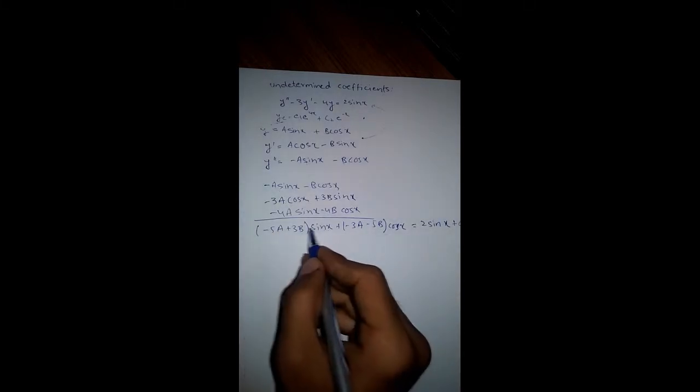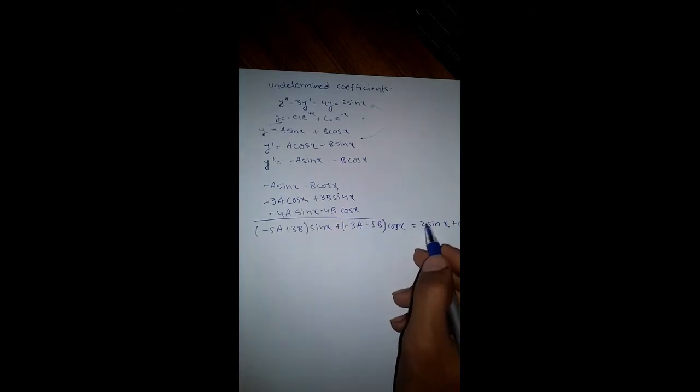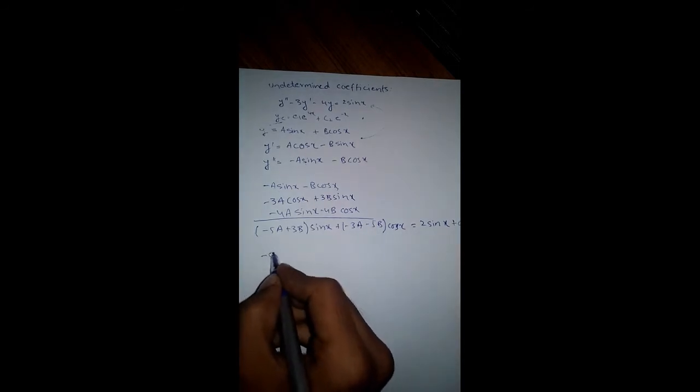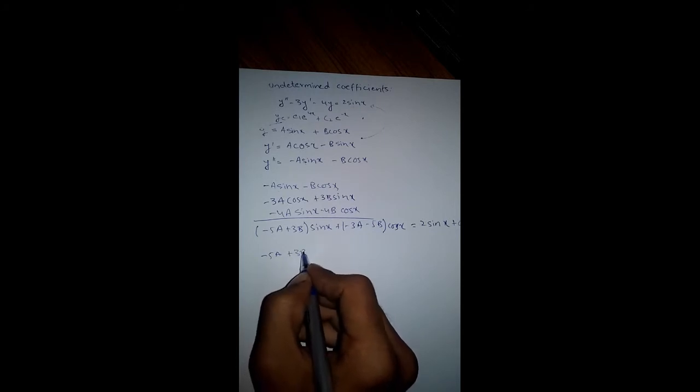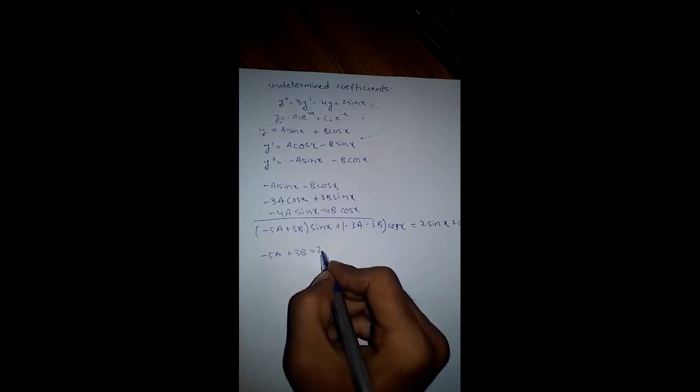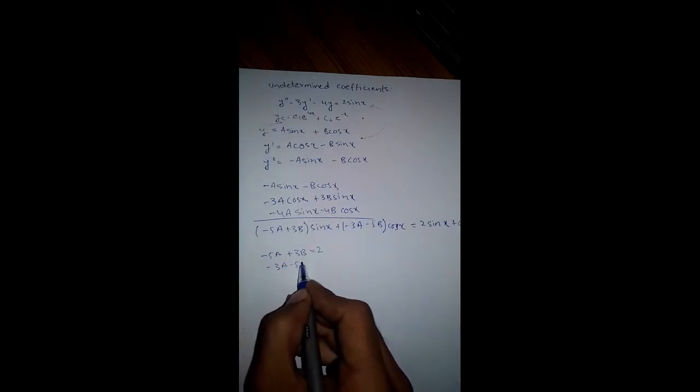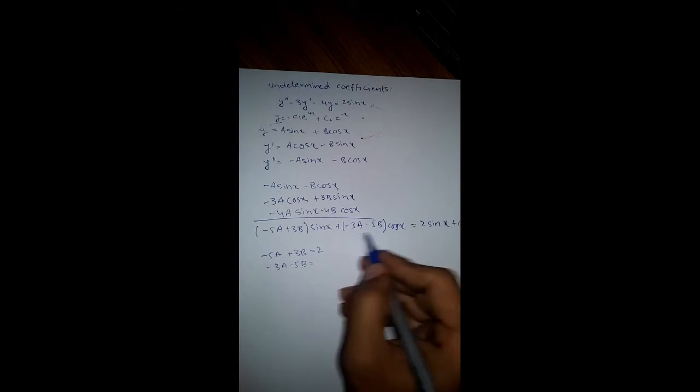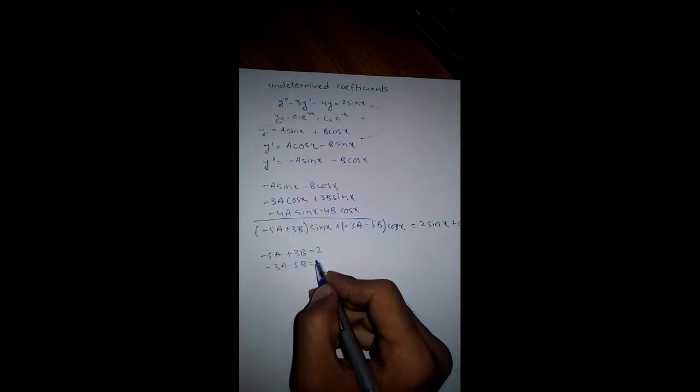The coefficient of sin x will be equal to the coefficient of this sin, so it will become minus 5a plus 3b equals 2. And what do we get else? Yes, minus 3a minus 5b. This coefficient of cos is equal to this. If we don't have anything here, we can write it as multiplied by 0, so it balances the whole equation. So it will become minus 3a minus 5b equals 0.